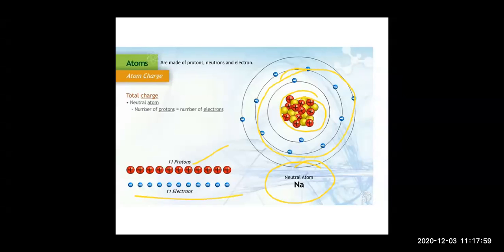So the proton charge will be +11, and the electrons' charge is -11. +11 and -11 will cancel and the net charge will be 0. So here the sodium is electrically neutral because the number of protons is equal to the number of electrons. Right children?